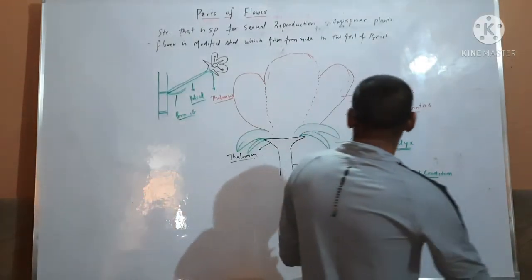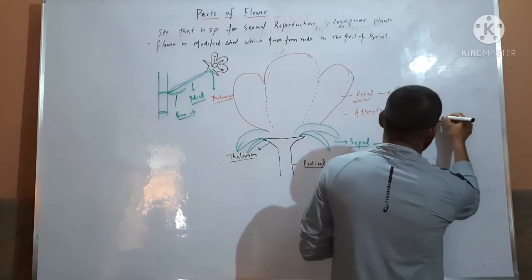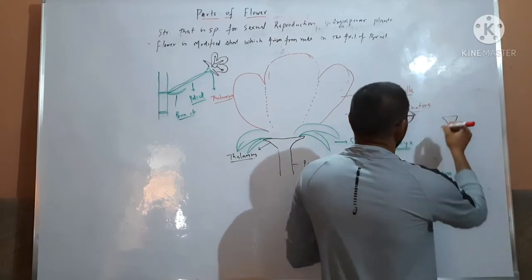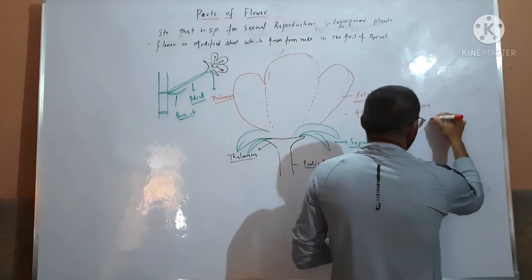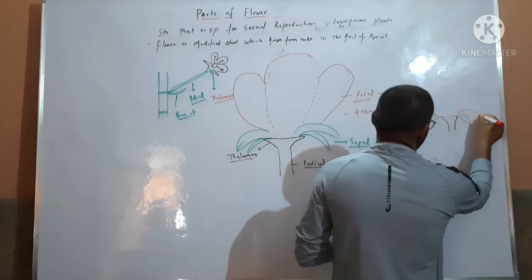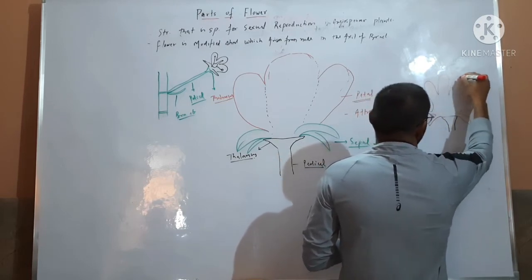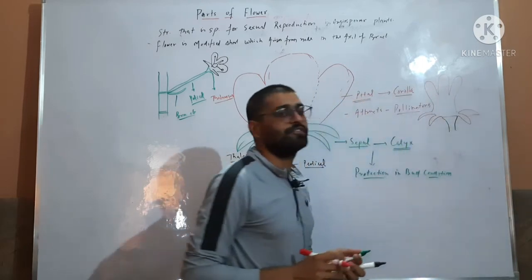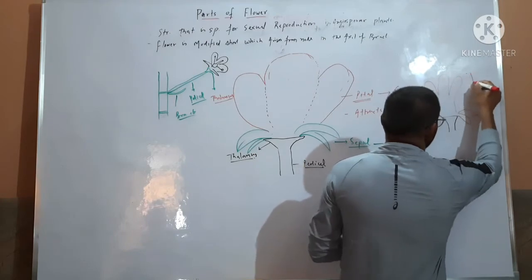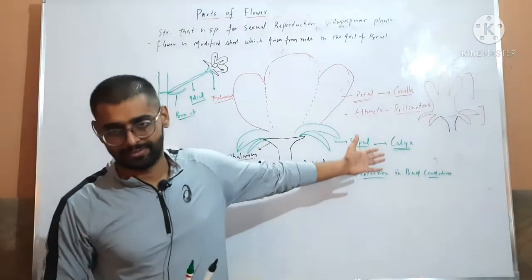Sometimes in a flower, suppose this is the thalamus, calyx and corolla are not differentiated. They look alike. So both are not differentiated, both are colored.